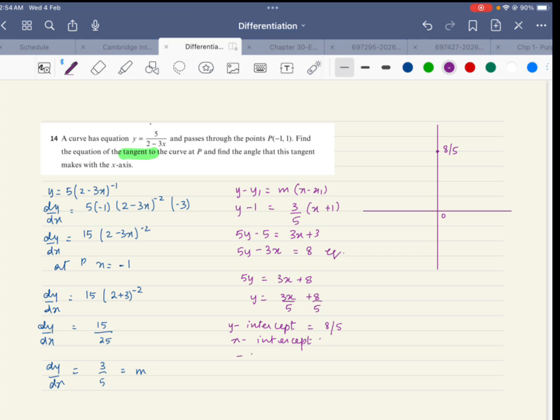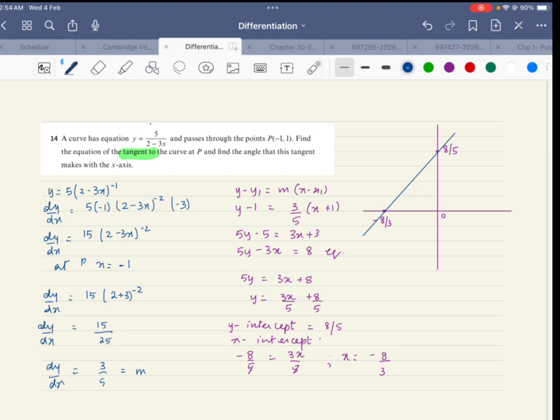So it becomes 0 equals 3x upon 5 plus 8 upon 5, that is, minus 8 upon 5 equals 3x upon 5. 5 cancels and the x-intercept becomes minus 8 upon 3. Minus 8 upon 3 will be somewhere over here, suppose. Okay, now we draw a line. This line will look something like this, passing through both these points.